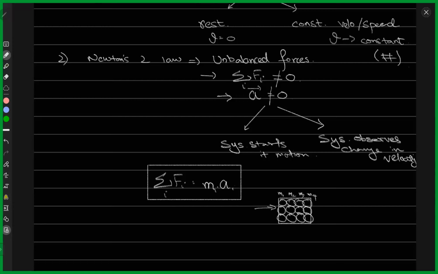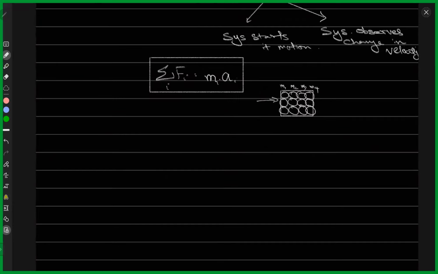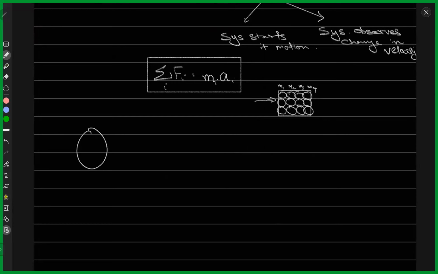All right. So for any object which has a constant mass, suppose I have a ball, the mass of this ball is going to be a constant, right? You don't see the mass of a system changing.